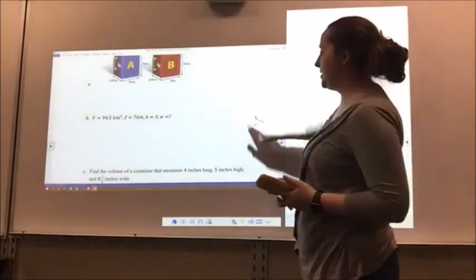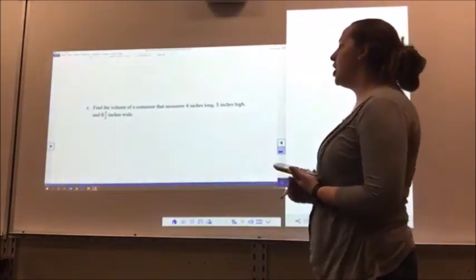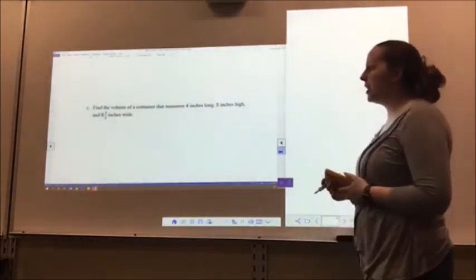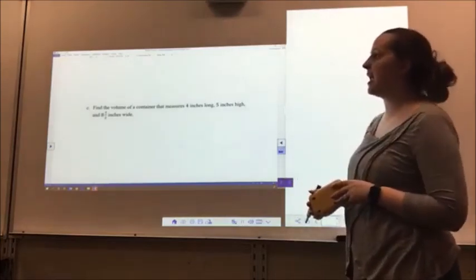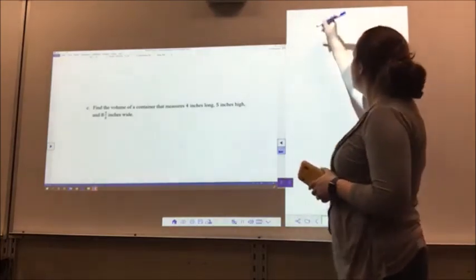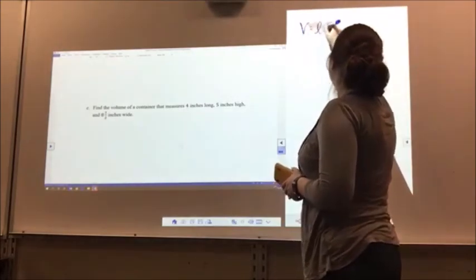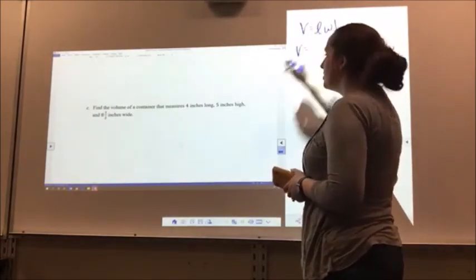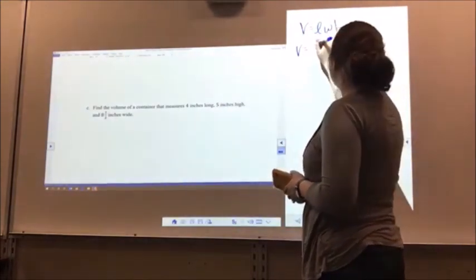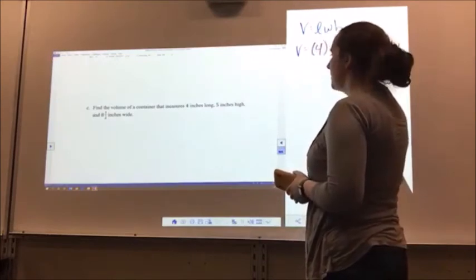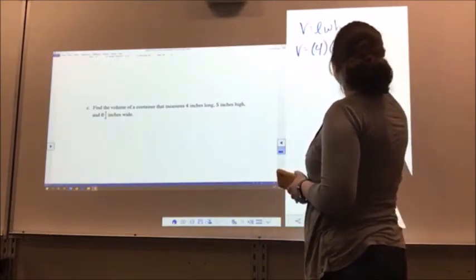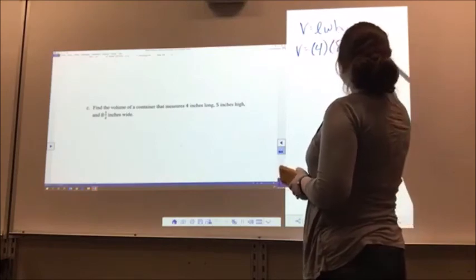All right, letter C says find the volume of a container that measures 4 inches long, 5 inches high, and 8.5 inches wide. So volume is length, width, height. So my 4 inches long, 5 inches high, so 8.5 times 5.